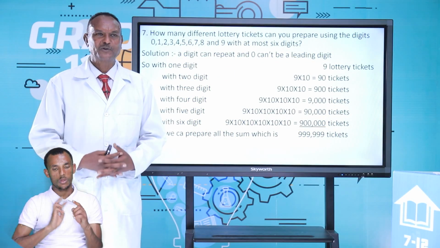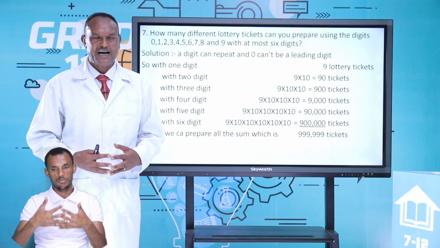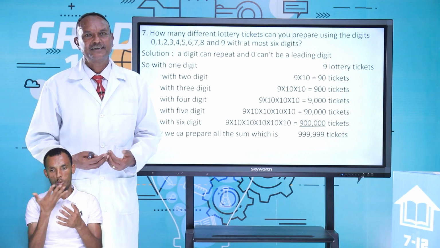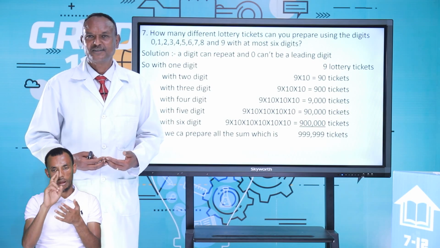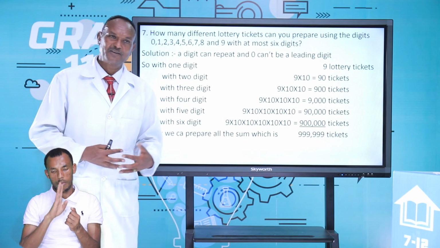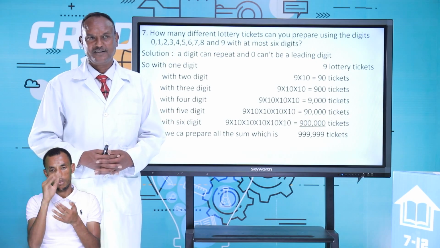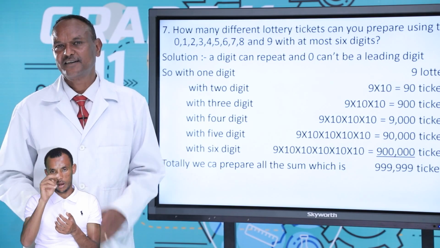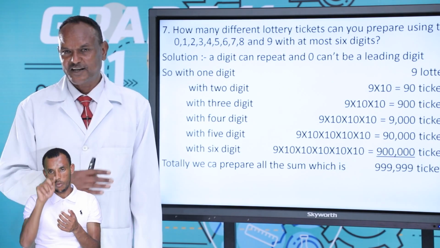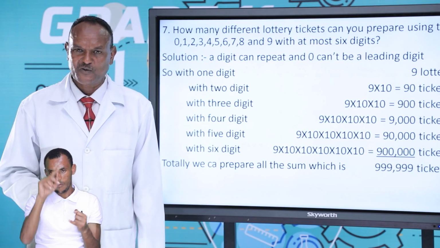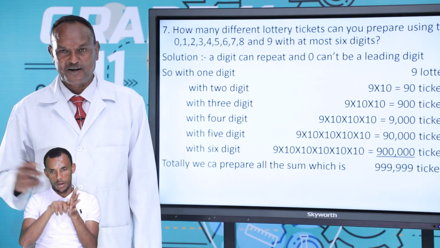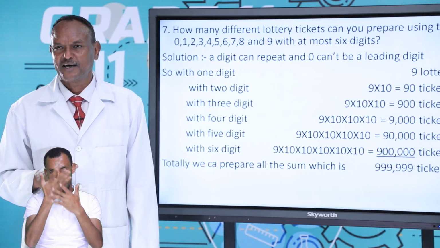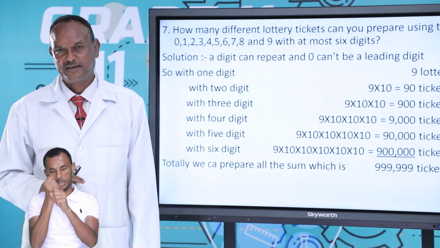When we are discussing combinations, the number of combinations of n objects taking r at a time can be calculated by the formula: combination of n, r is n factorial divided by r factorial times n minus r factorial. With all this, we have discussed a lot of exercises in this class.